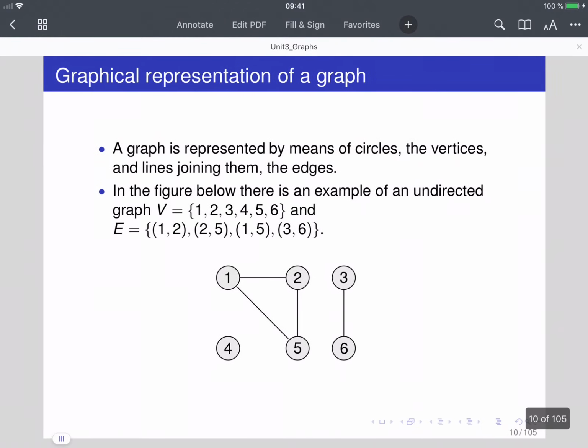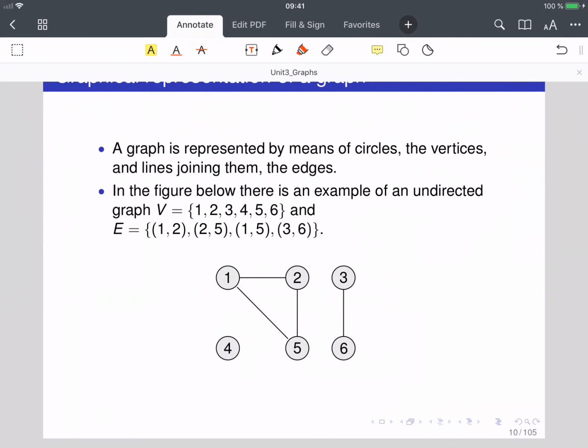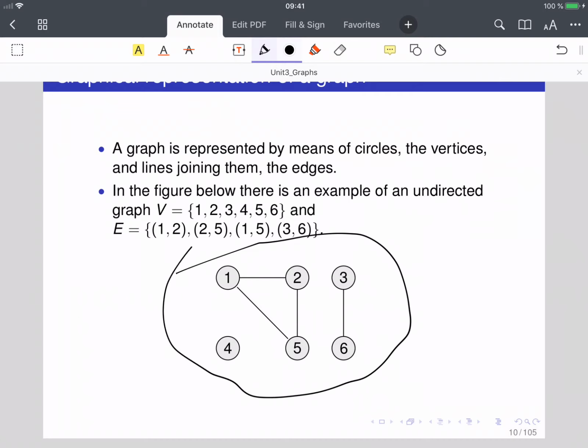Okay, and here we find an example of an undirected simple graph in which we have the mathematical definition of the graph with the vertices and the edges, but we also have a drawing of the graph. We are mainly going to work with figures in which we have the elements connected by lines, and this will be easier to work with in many situations.